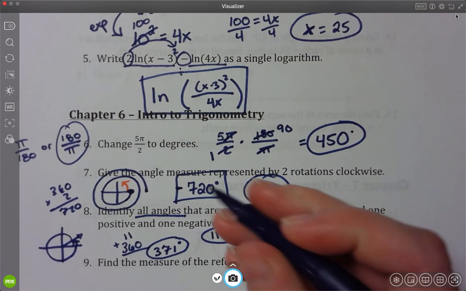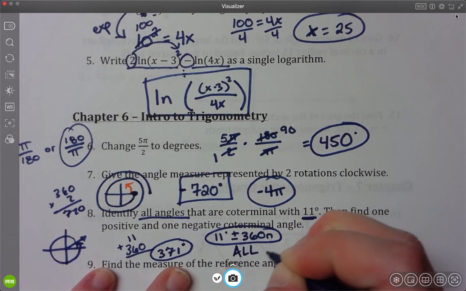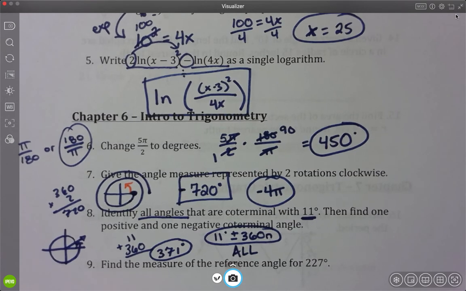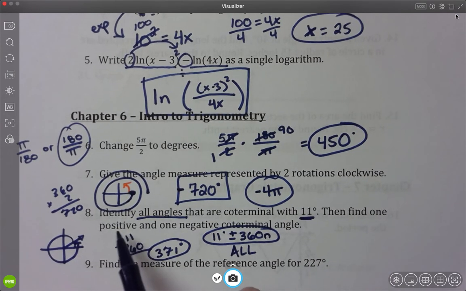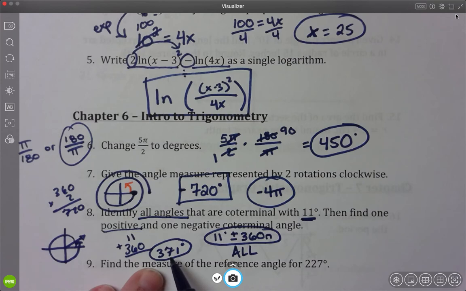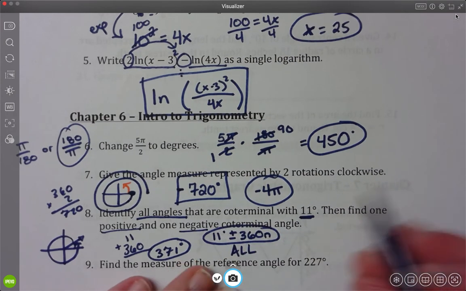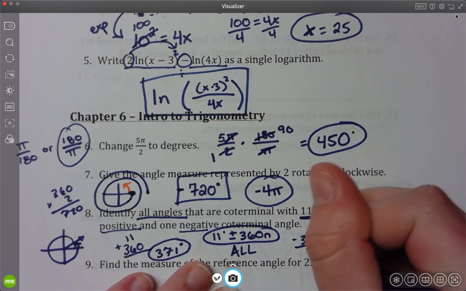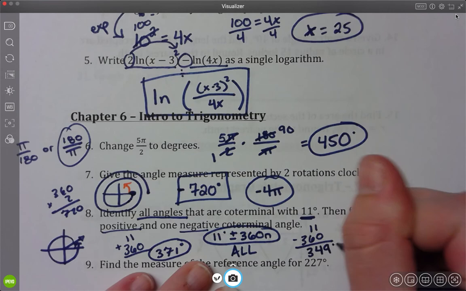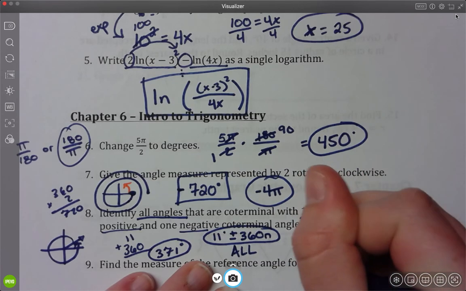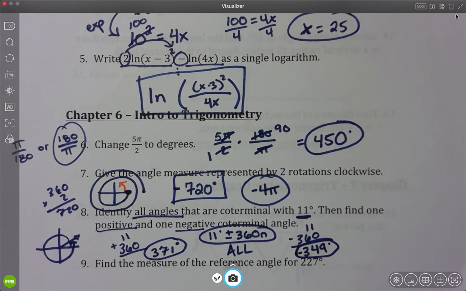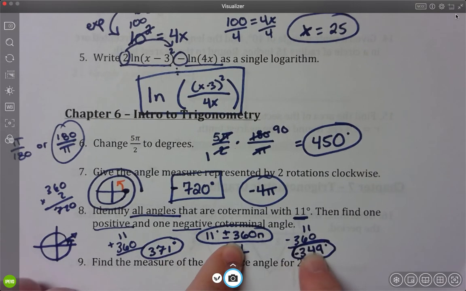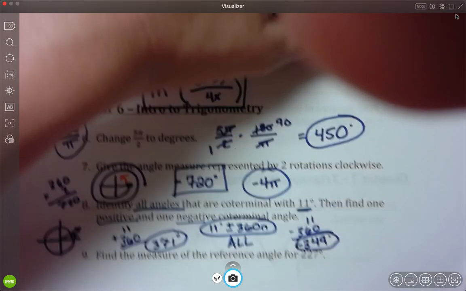But this is representing all angles. And then they want us to find one positive one, which we've already done, 371, and one negative one. So if I want to find the negative one, what I could do is take 11 and subtract 360. And that's going to give me negative 349 degrees, I think. So positive, negative, this is all of them.